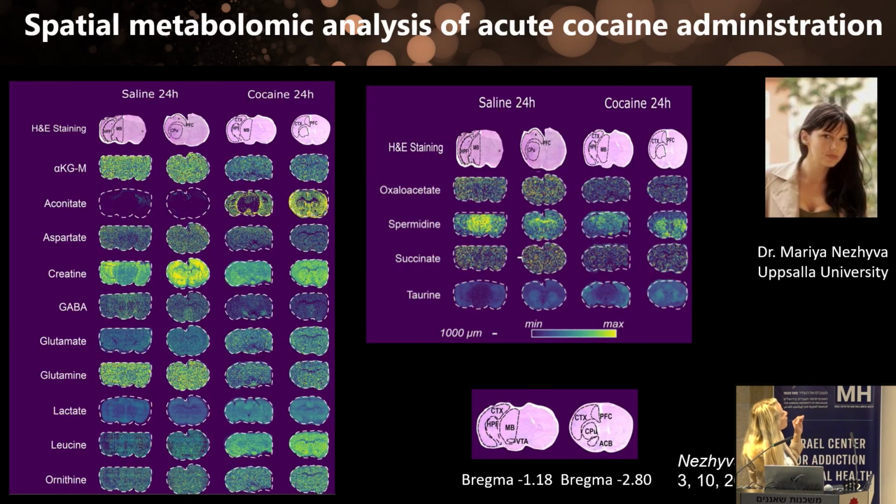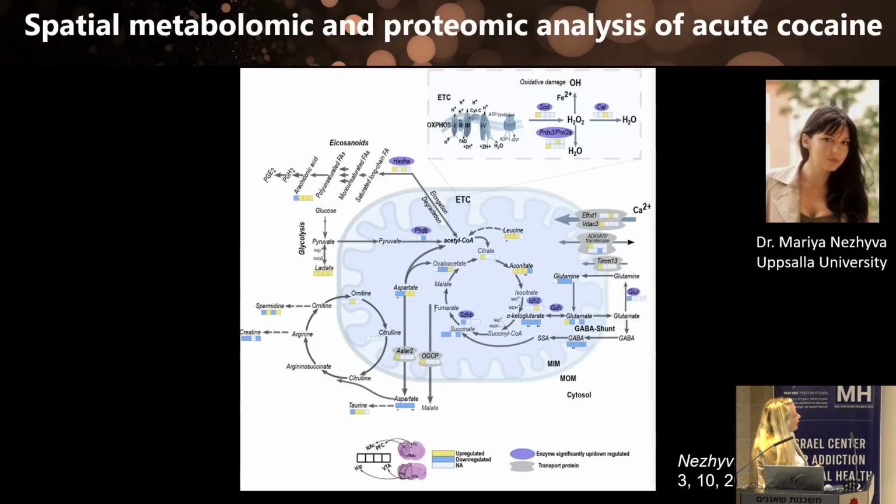You can see a lot of difference in small molecules that we found, and practically we were able to construct the global effects of cocaine. It's not an addiction yet, but it's neurodamaging effects.